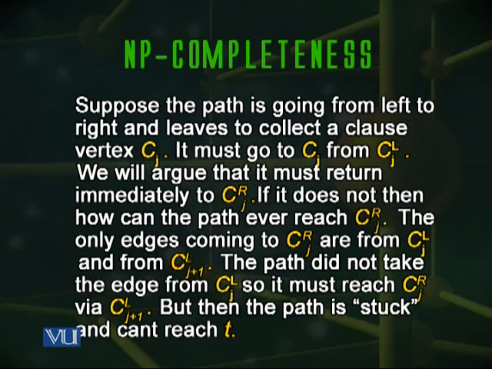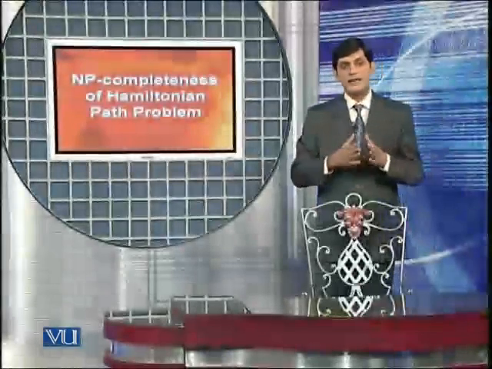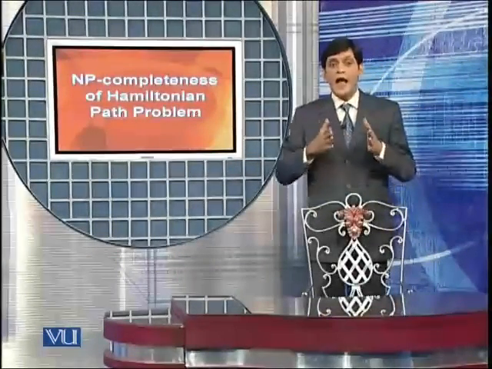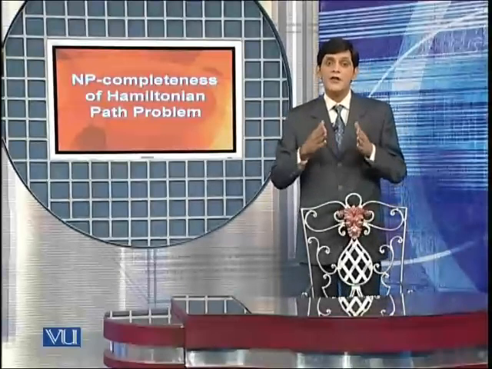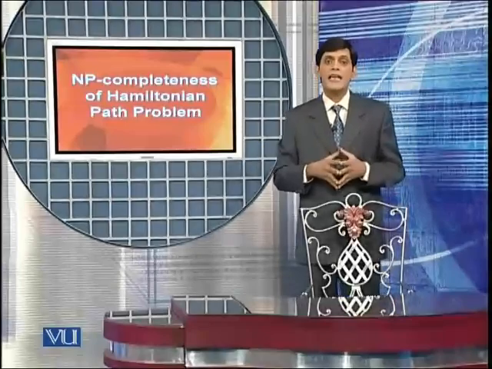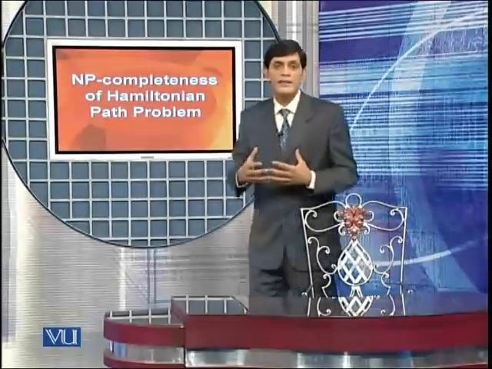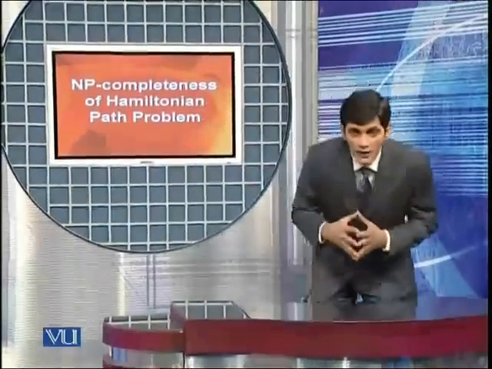If it does not, then how can the path ever reach C sub jr? Because this path has to eventually hit all the vertices, since it's a Hamiltonian path, so it must eventually reach the vertex C sub j sup r. How does it do that? Let's think about it.